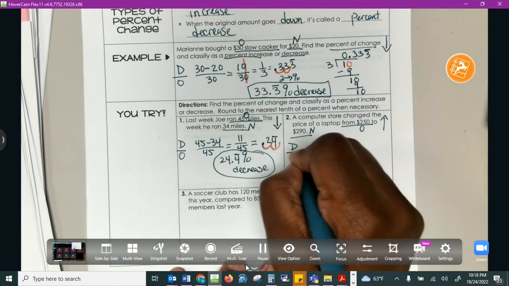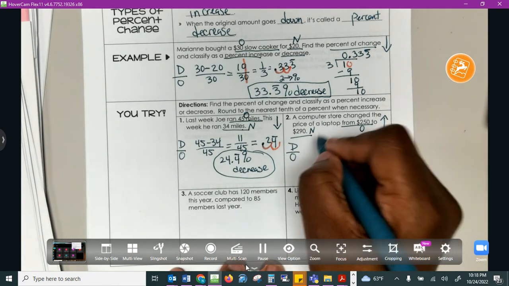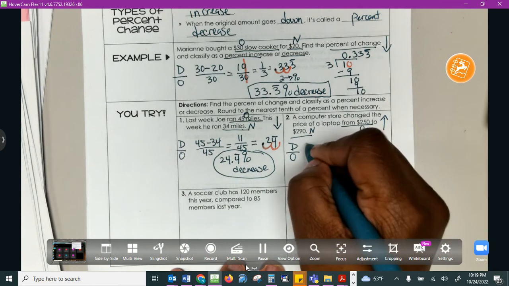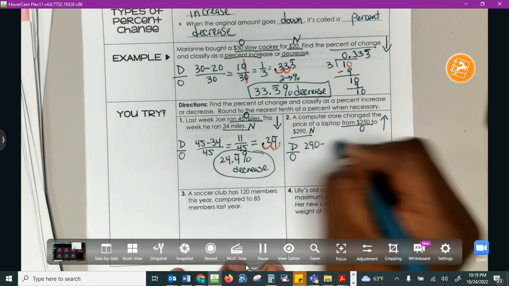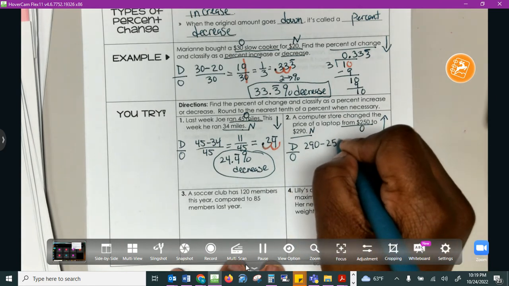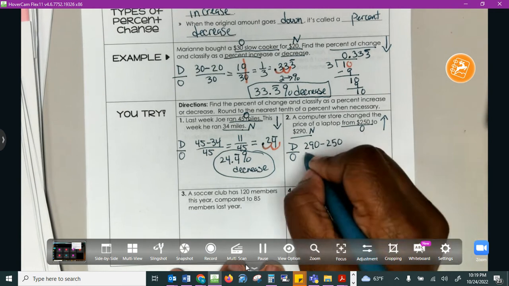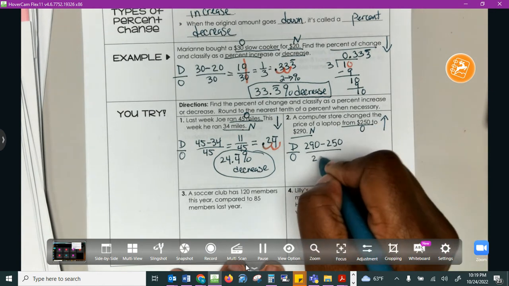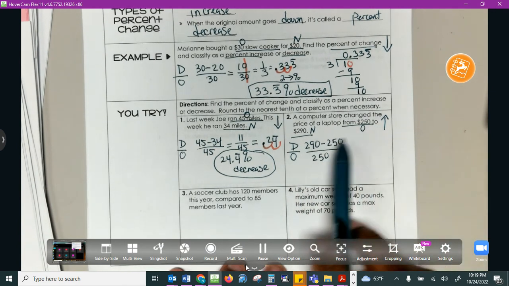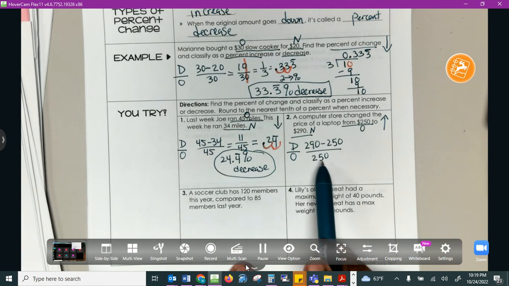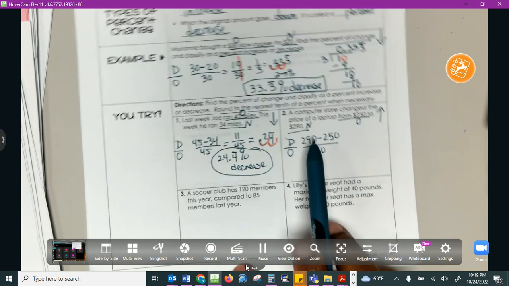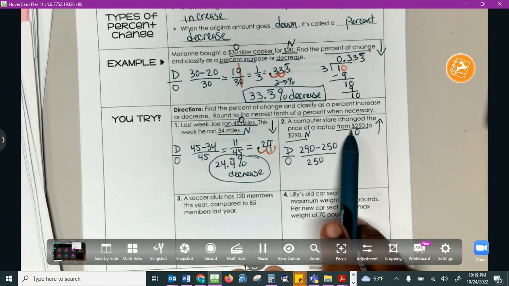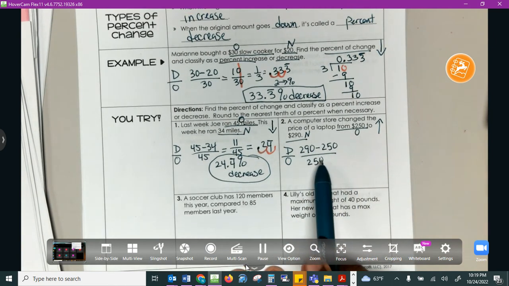So we want to find our difference over the original. So the difference would be subtracting these two, so it would be $290 minus $250, because we always want a positive number. And my original is $250. So don't get tricked and just try to put any of the bigger numbers to the bottom. That's not always going to be the case. Sometimes it's going to be a smaller number in our denominator.